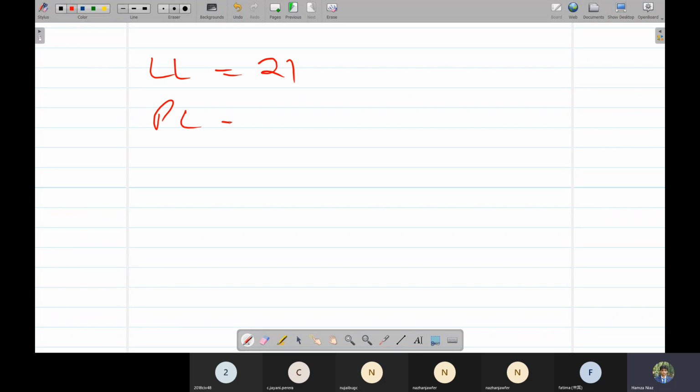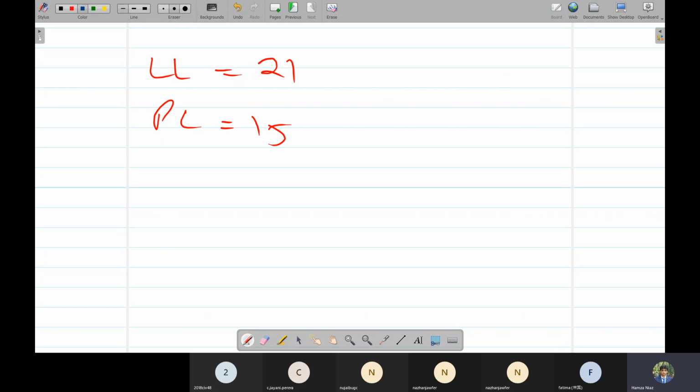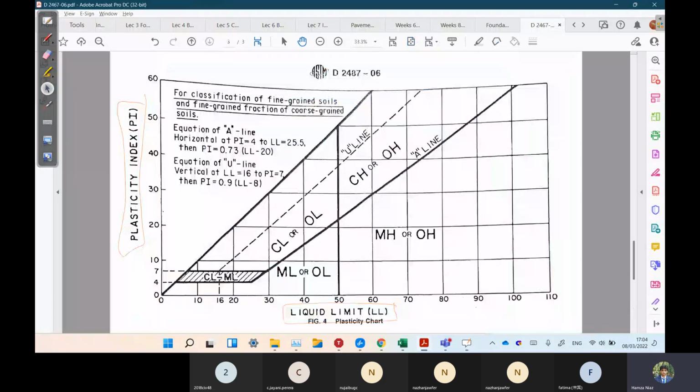And plastic limit they have given was 15. The plasticity index is simply liquid limit minus plastic limit, so 21 minus 15 is 6. So with 21 liquid limit and plasticity index 6, the point lies between 4 and 7, in this hatched region. So our fine would be CL-ML.